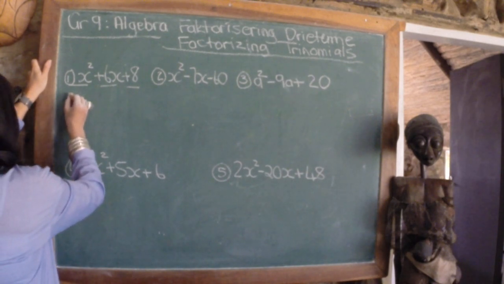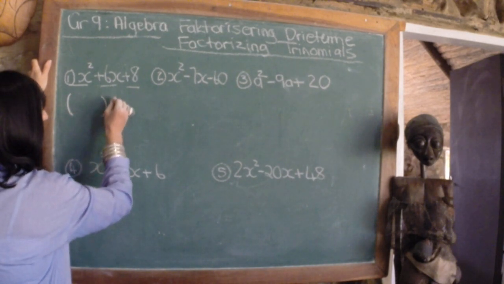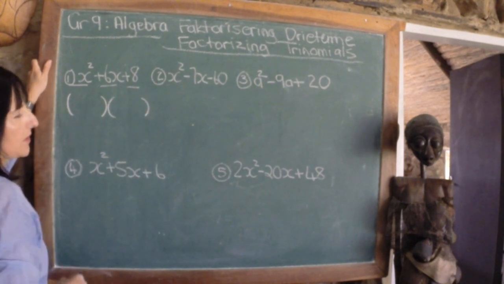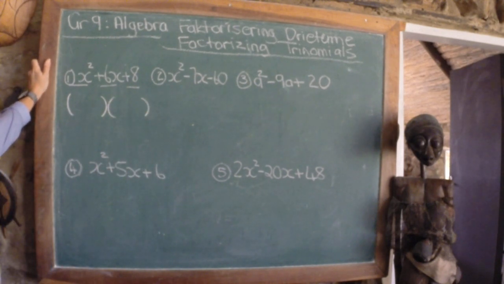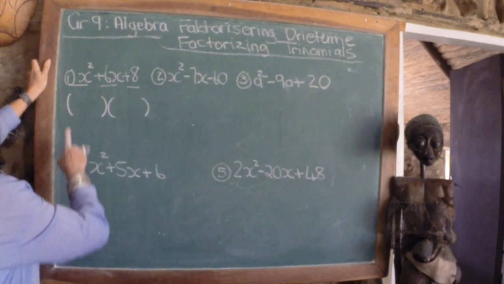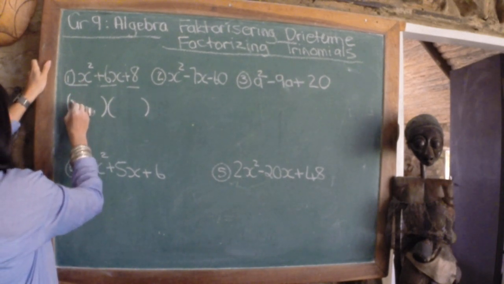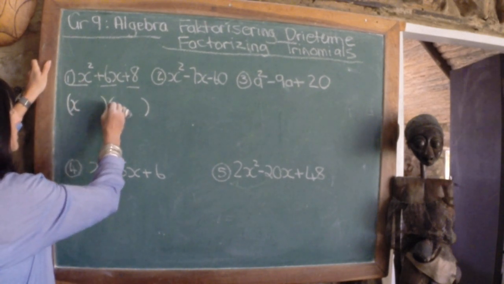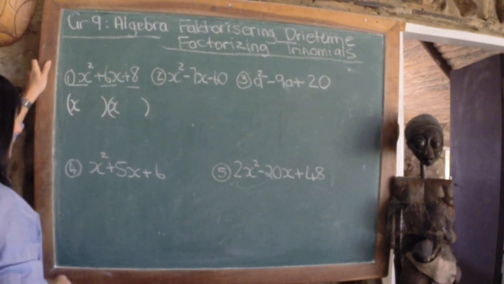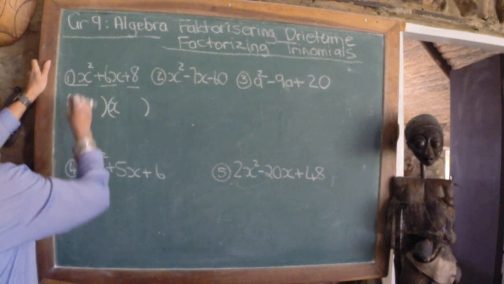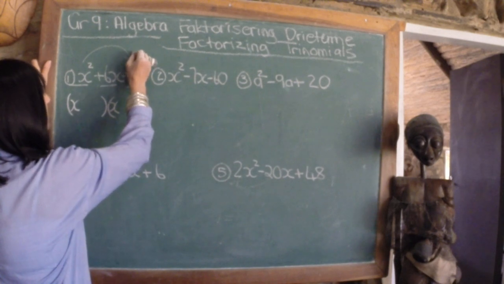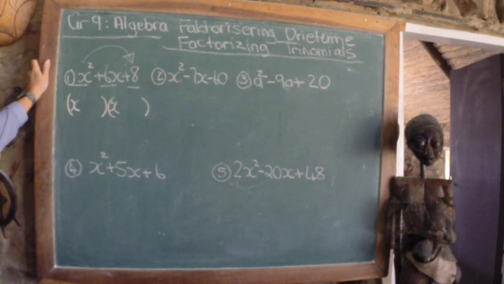Ek gaan dadelik my twee hakies maak soos wat ek by die verskil tussen twee vierkante gemaak het. And I'm gonna write x as with the difference between two squares in both brackets. Nou gaan ek bo-oor my middelterm spring na my derde term.